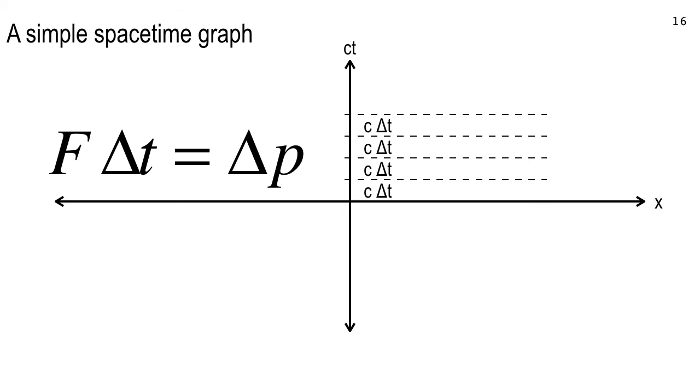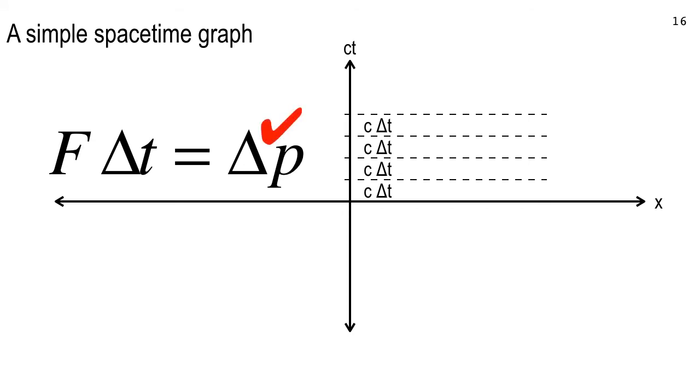What that means is, if the c delta t intervals on this space-time diagram are all the same going upward, then the delta p is going to be the same. Every increment of c delta t that you go upward into time, you're gaining or losing, depending on your force, equal amounts of delta p.